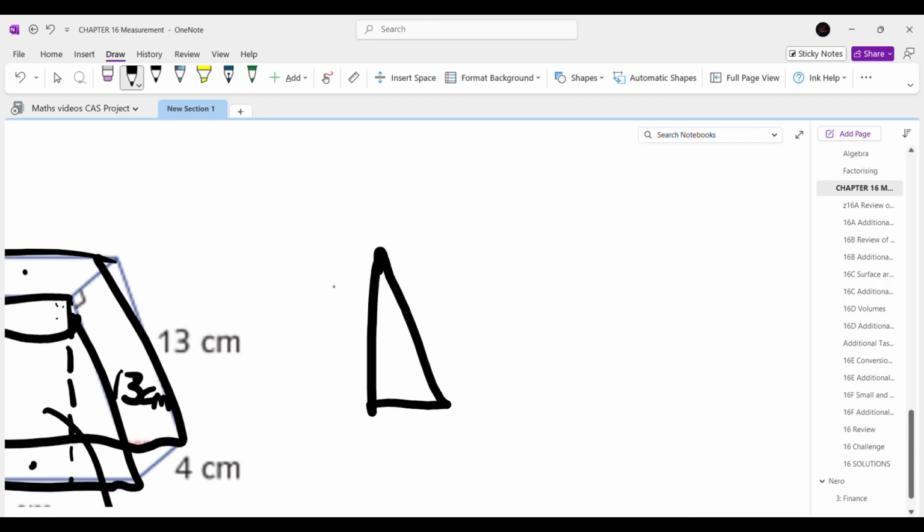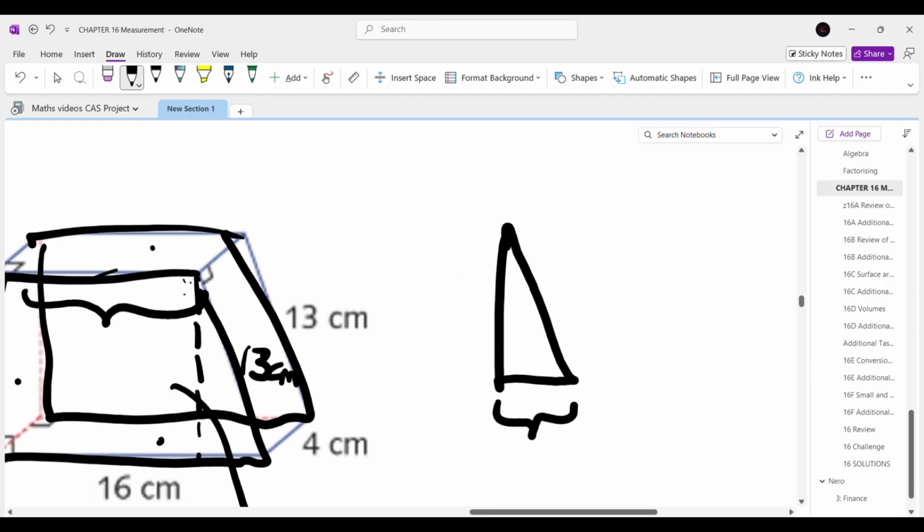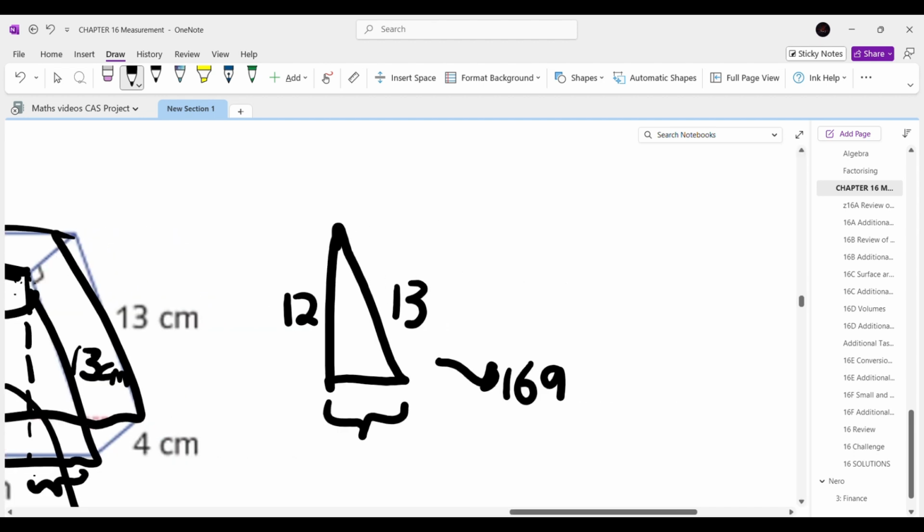We're just trying to find what this length is on the bottom to take it away from the top, because 16 centimeters minus this will be the length on top. So 13 is our hypotenuse, and 12 on the side. So 169, which is 13 squared, equals 144 plus A squared, our missing side.